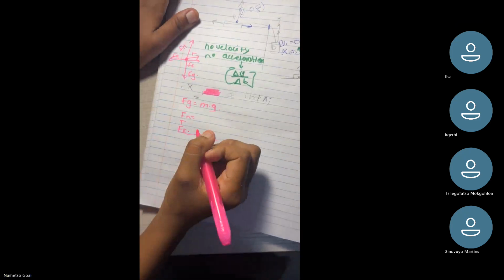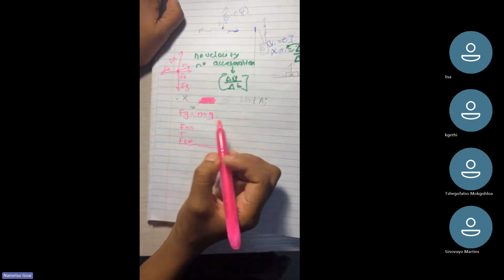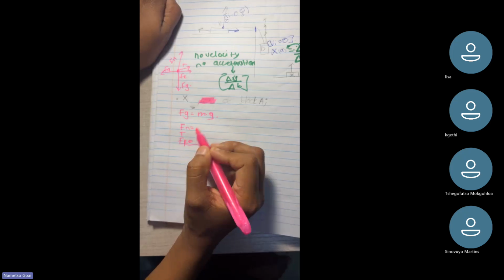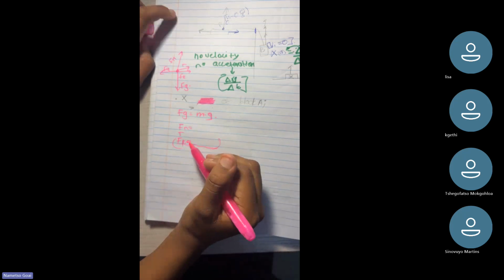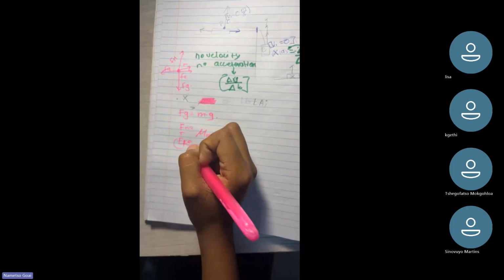Reason being why we can use Fk is because, remember I said we're given the mu k. Fk is the frictional kinetic force. How do we calculate the frictional kinetic force if we're given the mu k? Please tell me, because I told you in the first page. What would it be now?